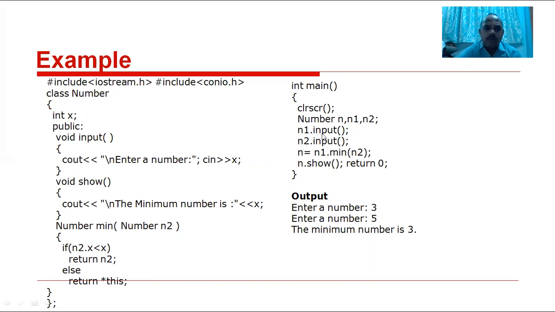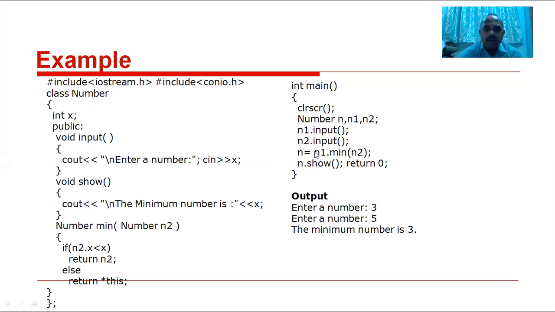Here n1 dot input, it can call the input function, enter a number. Simply I gave 3. n2 dot input, it can call the same member function input, enter a number. I gave 5. Then n equal to n1 dot min of n2.